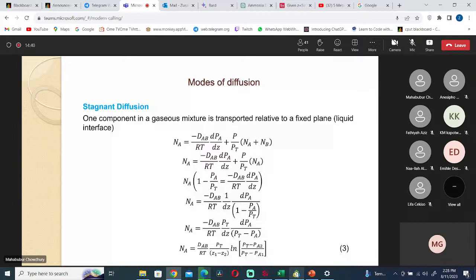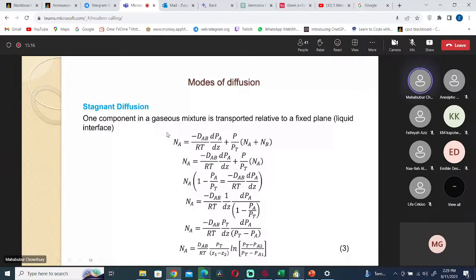You basically come up with your equation here: NA equals DAB over RT, PT over Z1 minus Z2, ln of (PT minus PA2) over (PT minus PA1), where PT is your total pressure, PA2 is the pressure in the second state, and PA1 is the pressure in the first state, meaning from one to the other one that is diffusing.